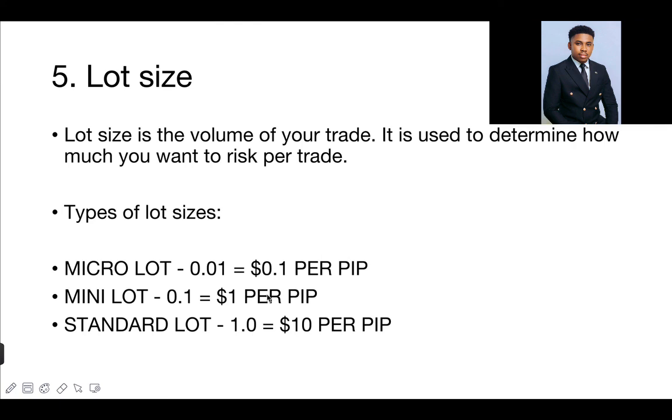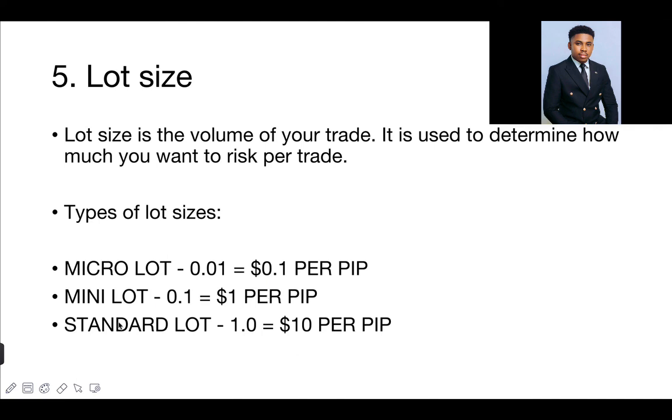And you should also note that if price moves against you 10 pips, you lose $10. If price moves against you 100 pips, you lose $100. So be careful about that, especially when you're using small accounts to trade. Because if you're using a $100 account to trade, for example, and price moves 100 pips against you, you've blown the account. So it's necessary to understand how lot sizes work, so you can work on your risk management and be able to protect your capital.